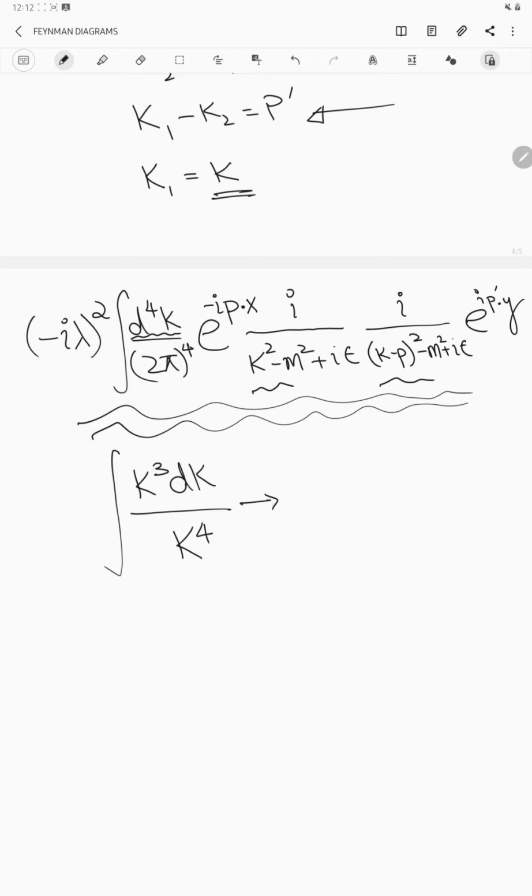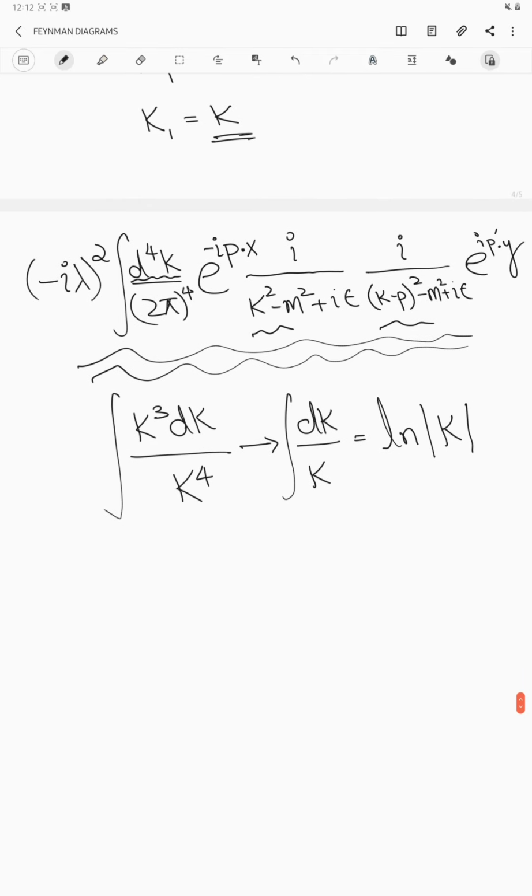For large values of k, I would have exactly something like dk over k. This integral we know is ln, the natural log of absolute k. But this is actually a logarithmic divergence, that is, it takes infinite values. And so what you would get from here is a big fat infinity.